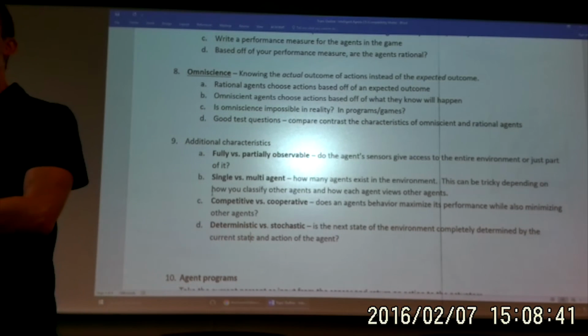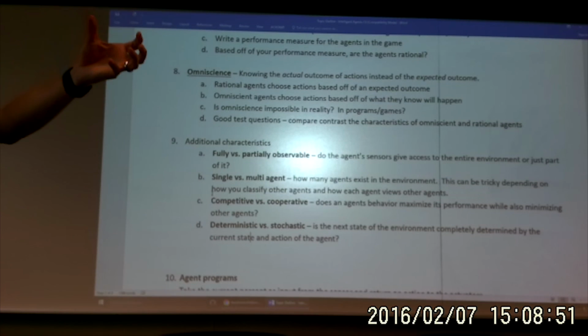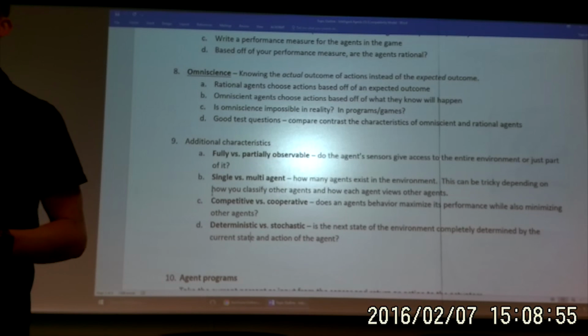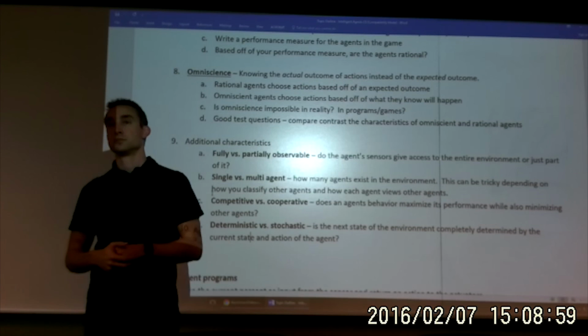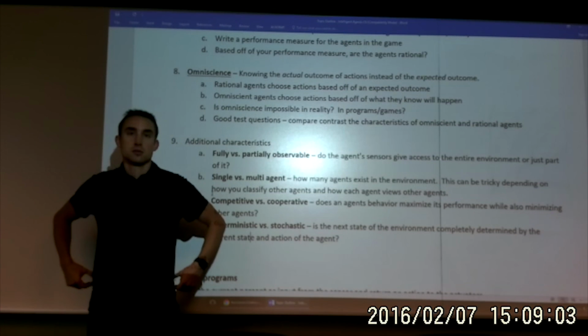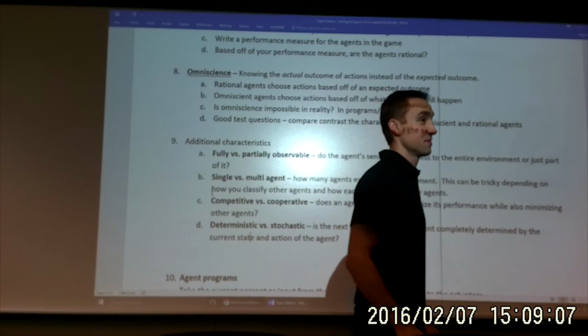Go back to the vacuum cleaner. Given a state where the vacuum is in a tile that contains dirt and it's given the action to clean, can we predict what the resulting state will be? Is there any chance it won't be clean? Yeah. Is the vacuum cleaner working properly?